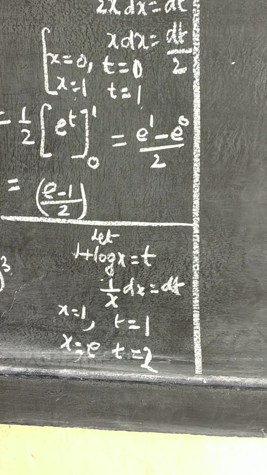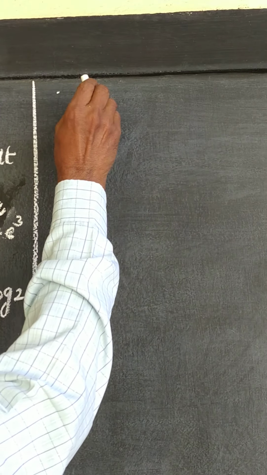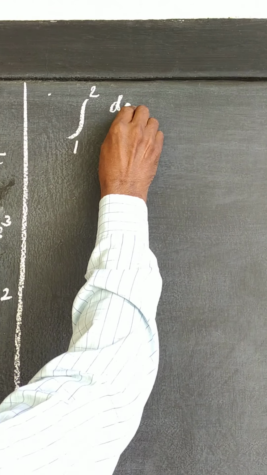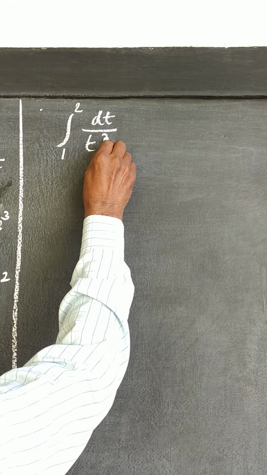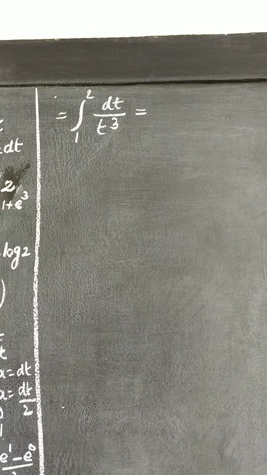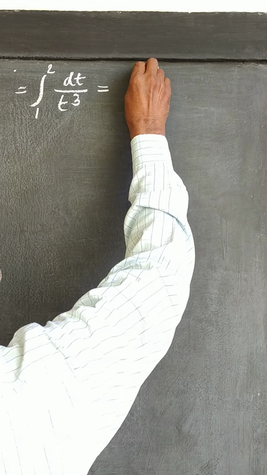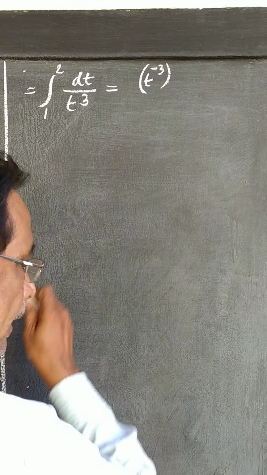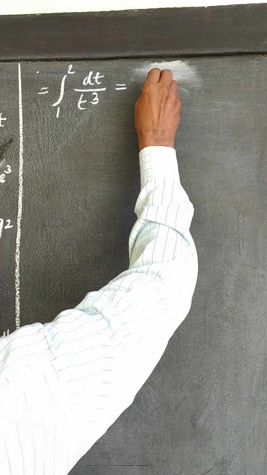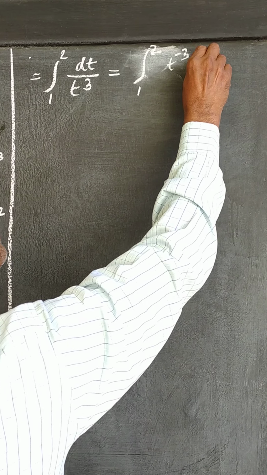The answer: the integral from 1 to 2 of dt by t cube. Now, this can be conveniently written as the integral from 1 to 2 of t power minus 3 dt.